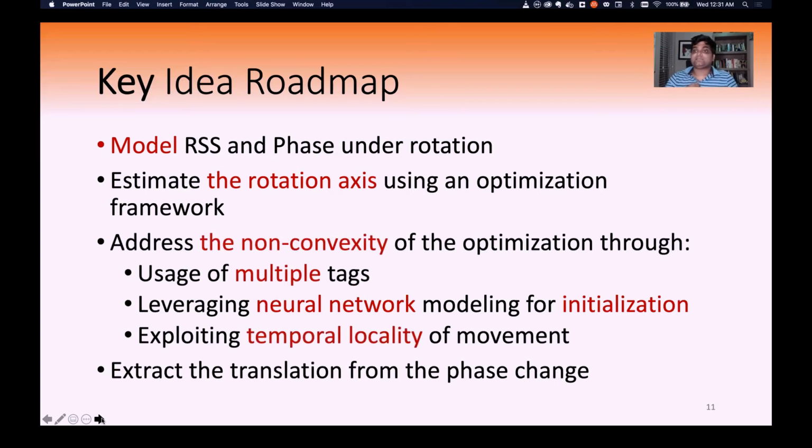And then we get that information, but as you can already guess, the major challenge is that the optimization framework becomes non-convex, and there is an issue in the initialization. We solved that problem, and the details are in the paper, but I can also go over those things a little later. In doing so, we use multiple tags, namely three tags on the ball itself.